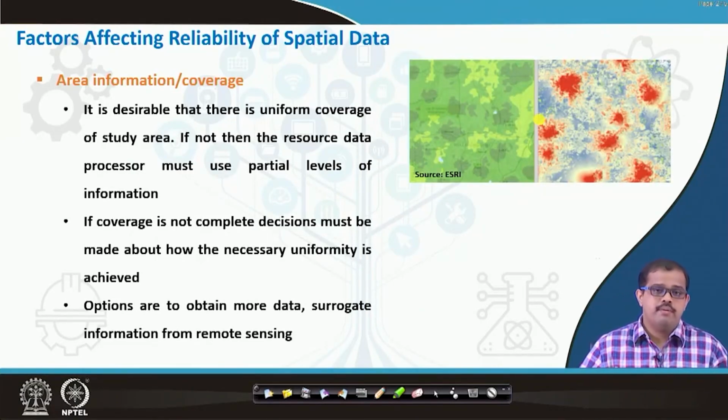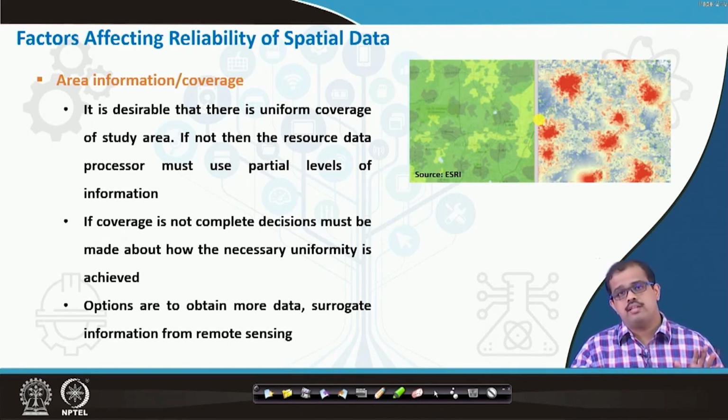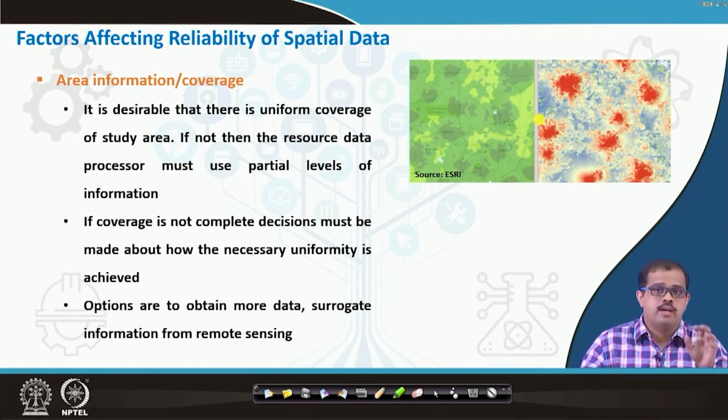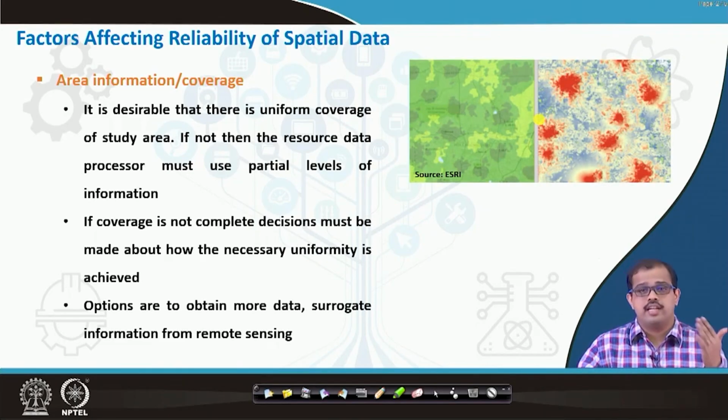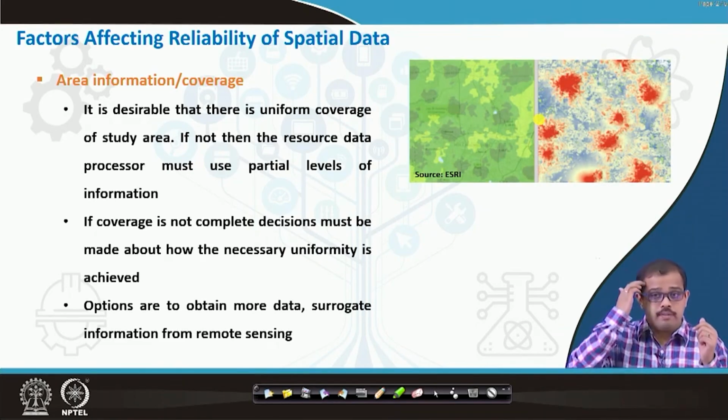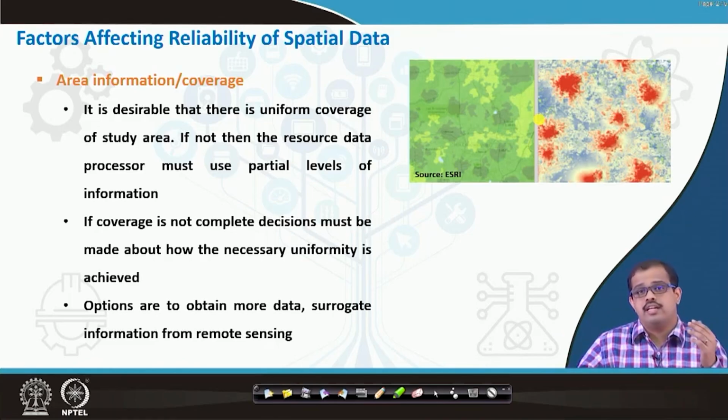So yeah, it may be that most of the data that you have considered is uniform. For example, if you look at some of my publications, some of the areas that I have considered, if I was working on Kolkata, the entire Kolkata metropolitan region, and I considered a 10-kilometer buffer, in many of the places and many of the years I could not get at least 10% of the spatial data that is available in that 10-kilometer buffer.